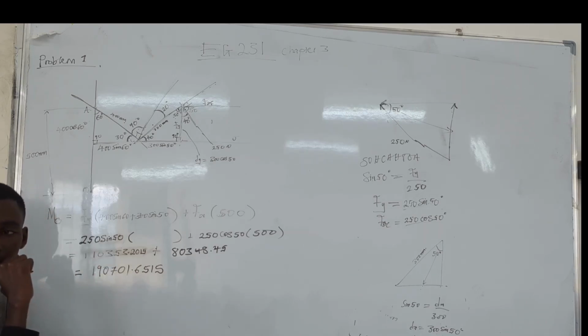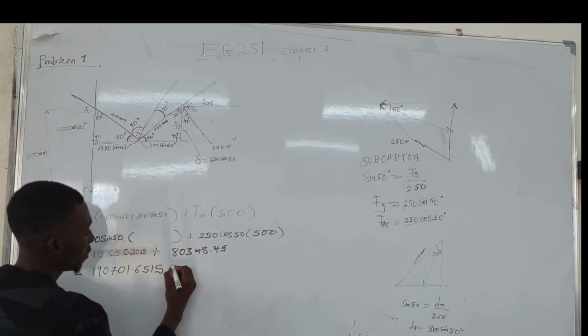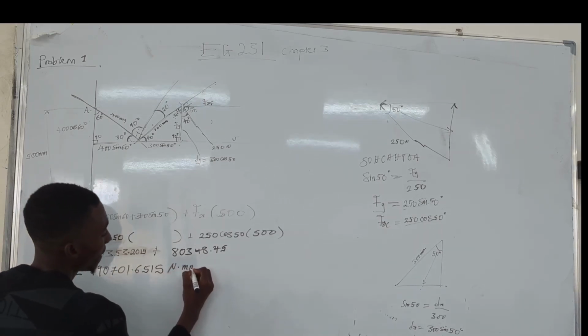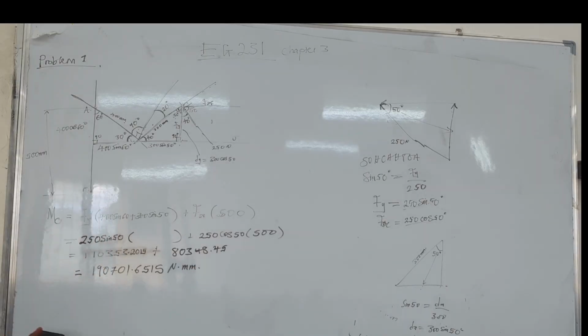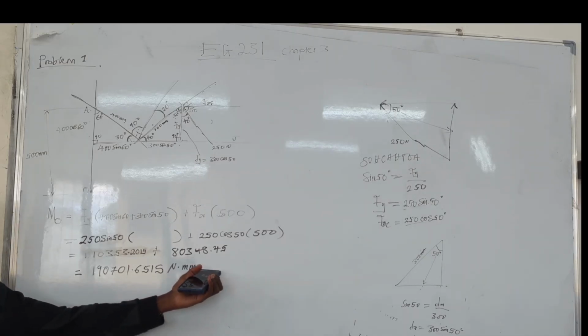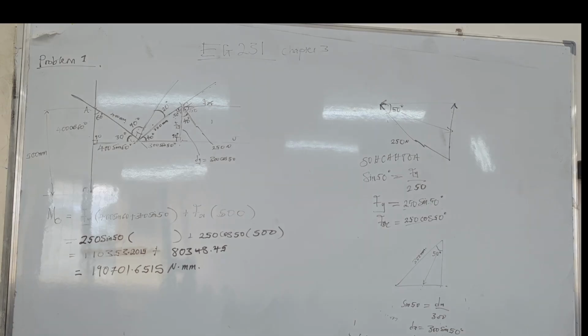It's supposed to give you Newton millimeter. How are we going to convert from Newton millimeter to Newton meter? Multiply by 10 to the power negative 3.